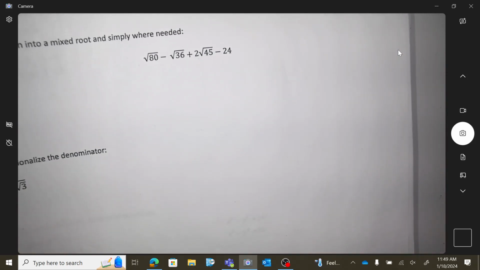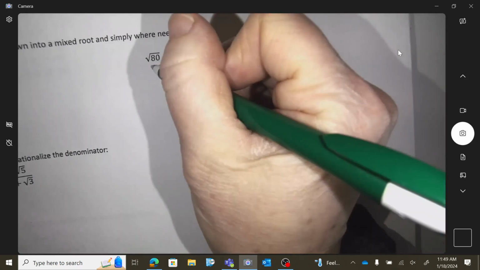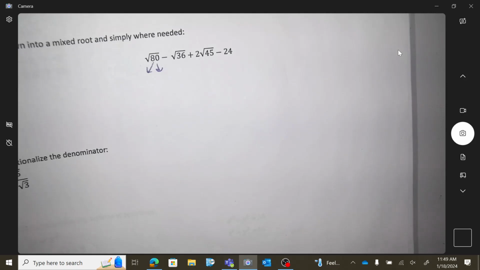Okay, breaking down a radical. So what you do is you try to tell yourself, what kind of perfect square can I divide? So do you know your perfect squares in your head? 4, 9, 16, 25, 36. Got it? What is 18 divisible by?